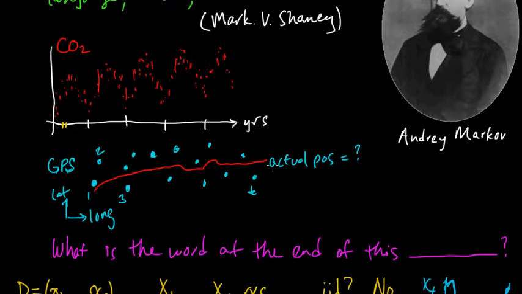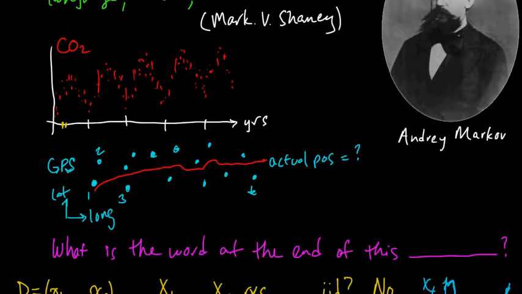But if we observed these GPS points up to time t, and we wanted to predict the position at time t+1, what we observed were not perfect observations of the true state of the system. We had noisy observations of the true state.